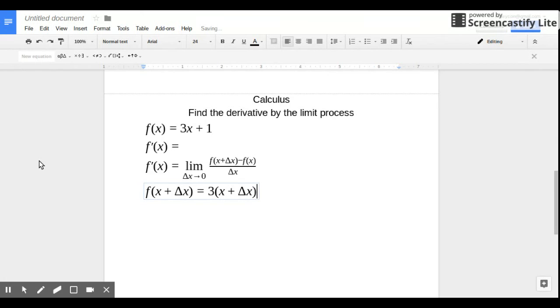And then of course we have plus 1. So what we'll want to do here is go ahead and distribute the 3 across.